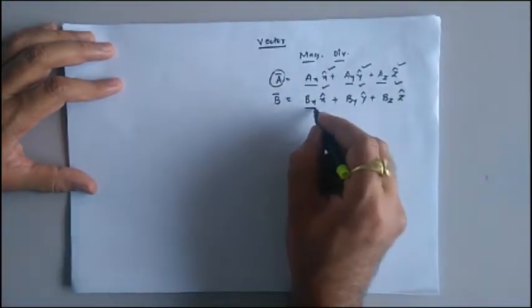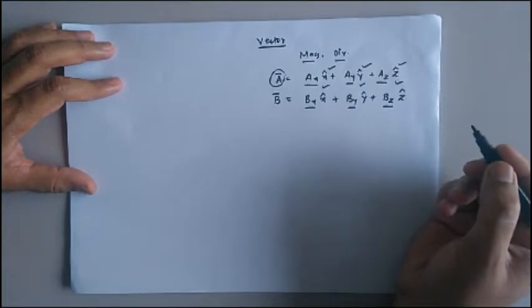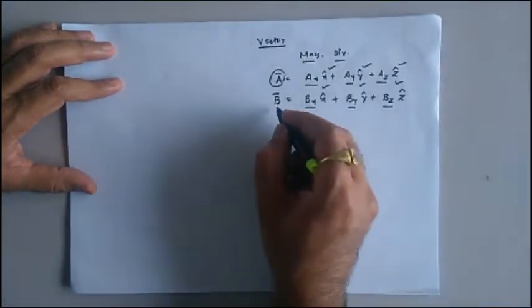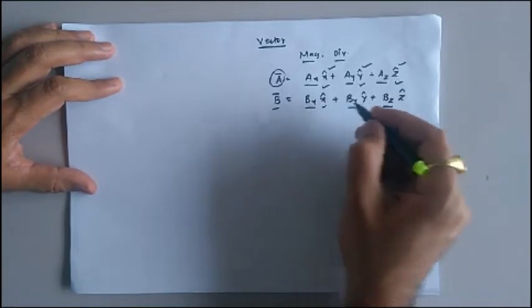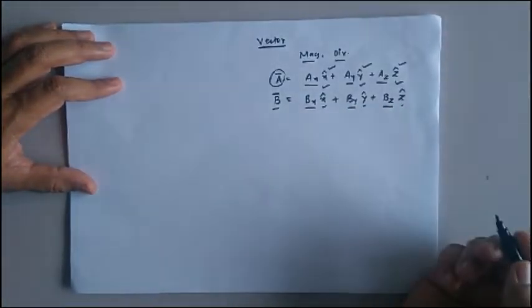Here bx, by and bz indicate the coefficients, or you can say the components, of vector B along the x-axis, y-axis and z-axis unit vectors respectively.